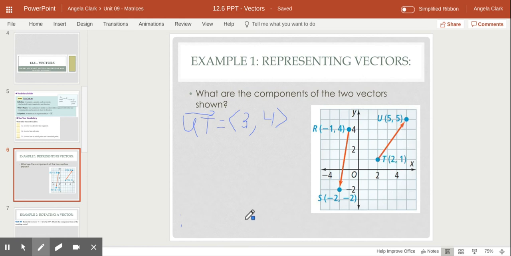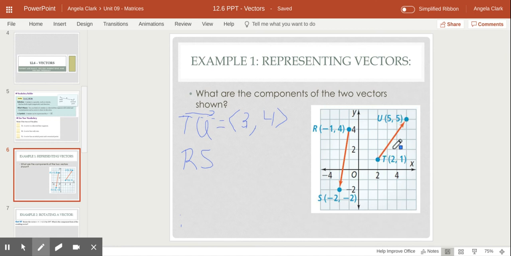So let's look at RS, and remember, that's not UT. Silly me. It's TU, because T is the initial point and U is the terminal point.